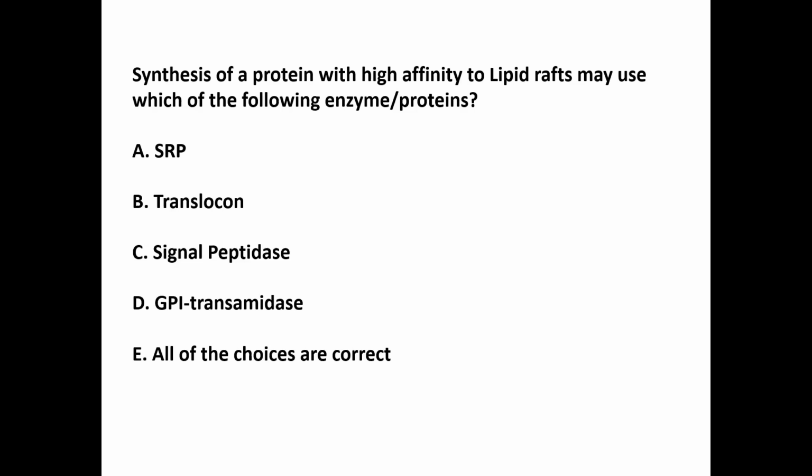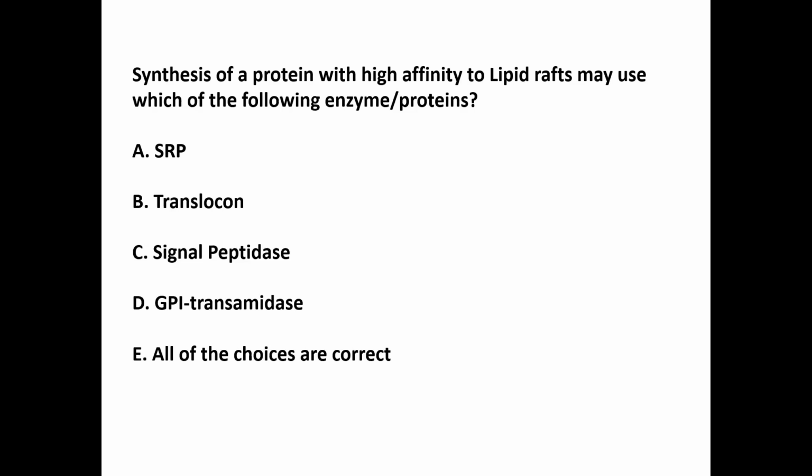So we know from the previous unit, the lipid raft has a higher affinity for certain lipids, and those are the clues. You have prenylated protein, acylated protein, GPI. So all these lipid-anchored proteins have a higher affinity for the lipid raft area.